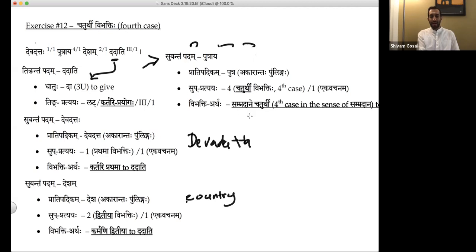So sampradane chaturthi. Okay. Fourth case in the sense of sampradanam. Here we're missing it, it's cut off the screen, but should say to dadati. So we know that who is he giving it to? He's giving the land to the son. Here I wrote country. I guess it can also be translated as land. So Devadatta gives the land to his son.